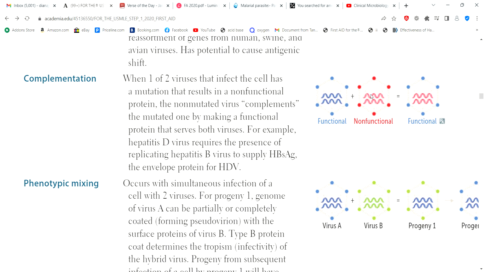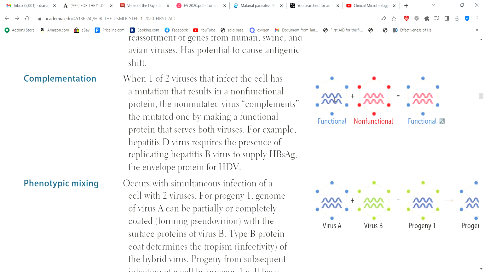This blue and red figure want to come into your body and kill you. One is functional, it has the tools to kill you. The other one does not. The red does not have the tools to kill you. So when one of two viruses that infect a cell has a mutation that results in a non-functional protein, the non-mutated virus, figure blue, complements the mutated one by making a functional protein that serves both viruses.